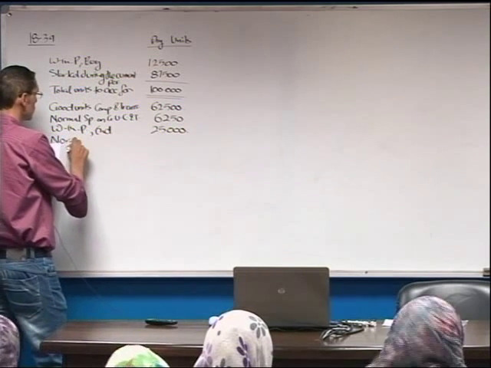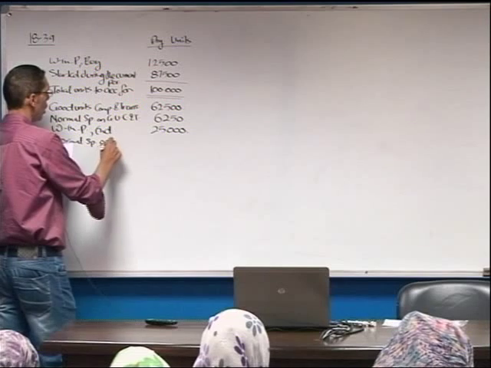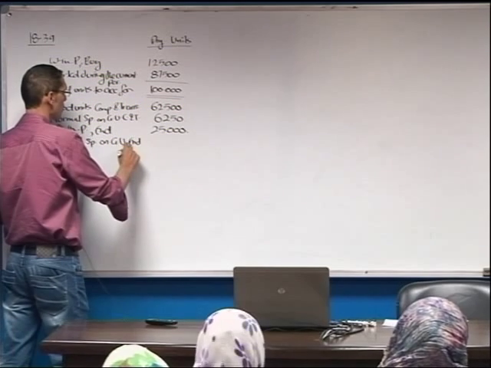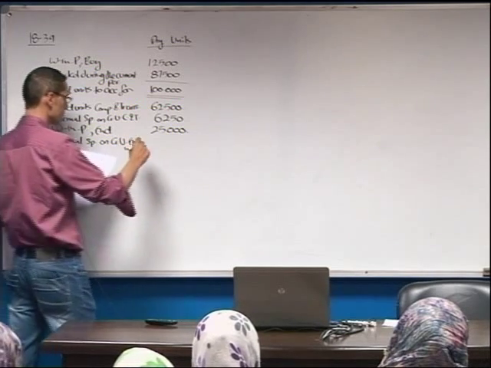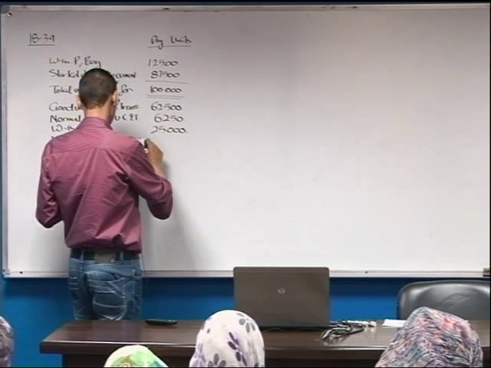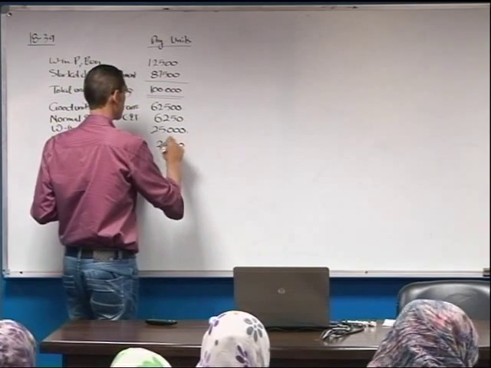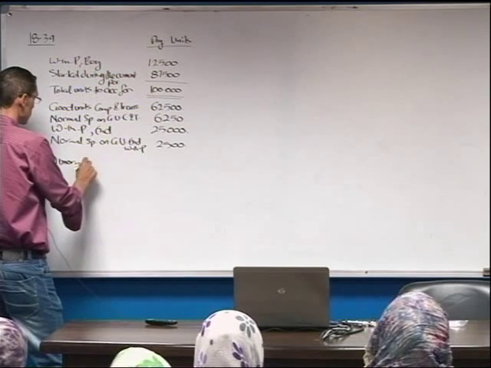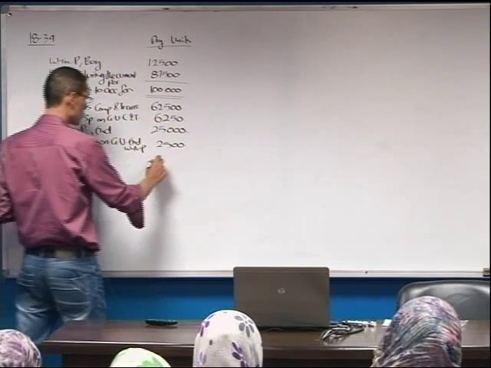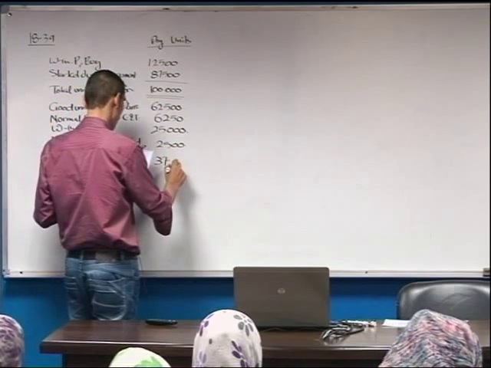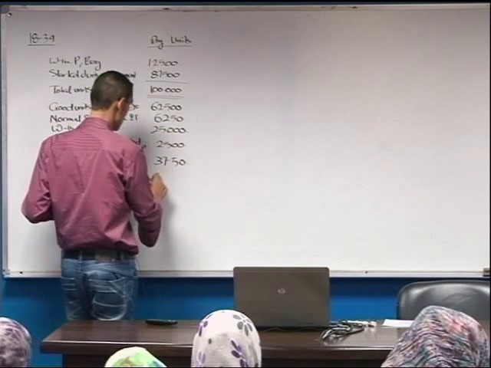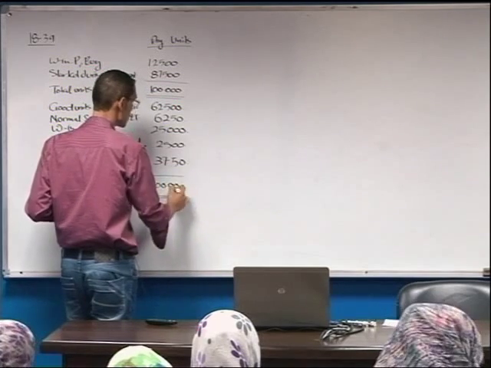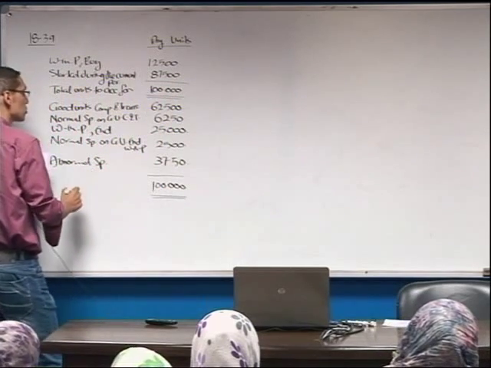Normal spoilage on good units as an ending work in process, 2,500. Abnormal spoilage is the 3,750 units. As we can see, they need to equal 100,000, which is the same as the 100,000 total units to account for.